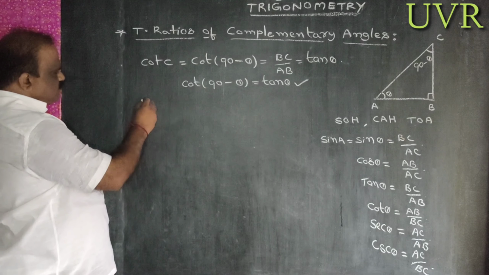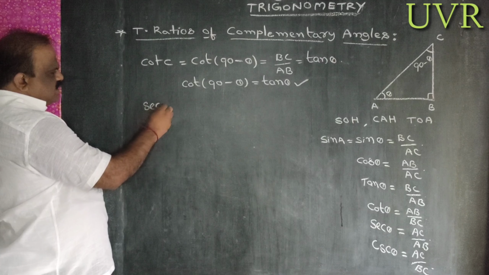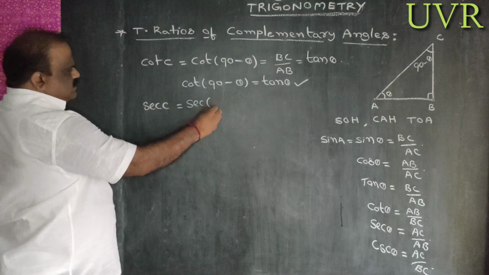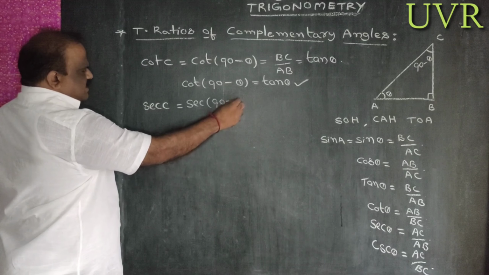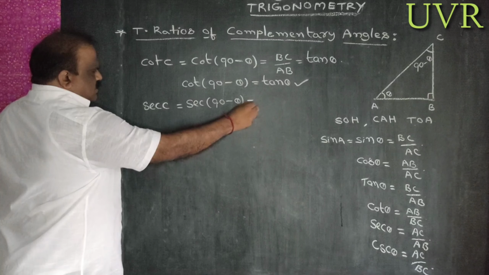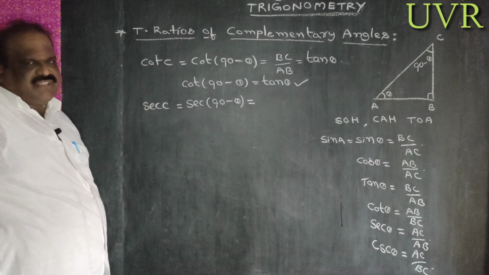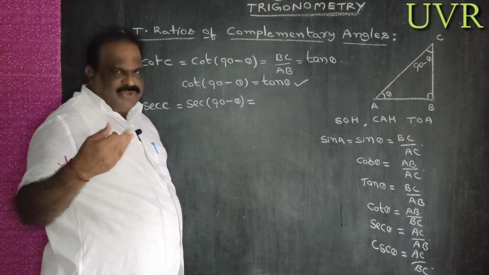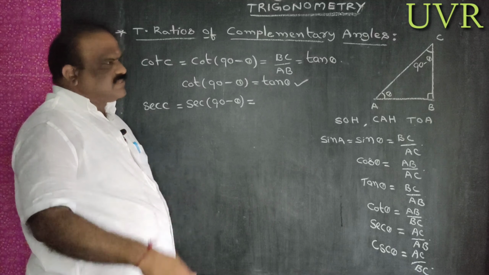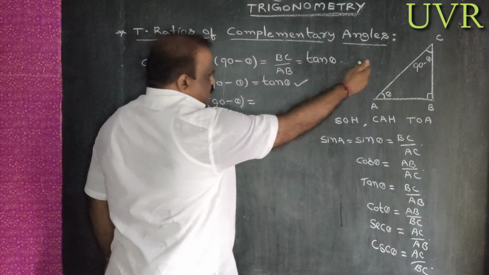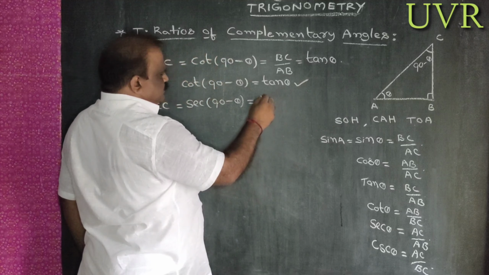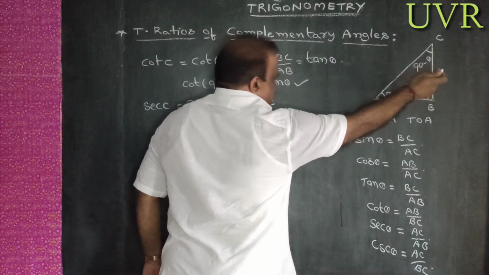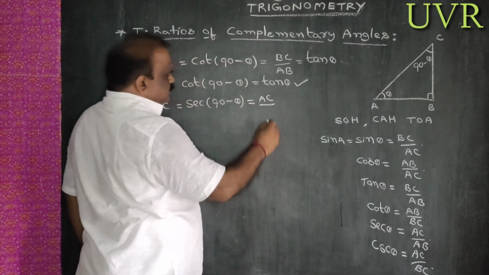Next one, secant C or secant 90 minus theta. So the definition of secant is the ratio of hypotenuse and adjacent side. Here hypotenuse is AC and adjacent side is BC.